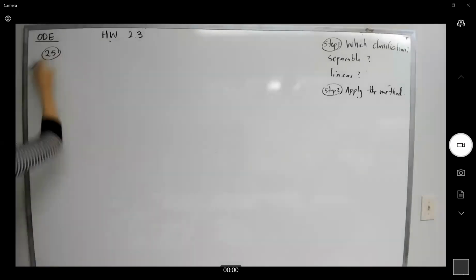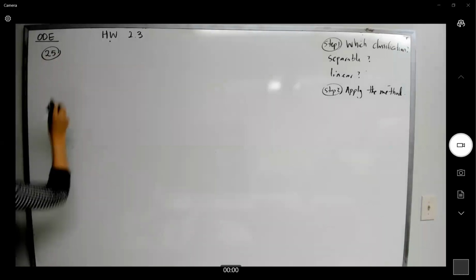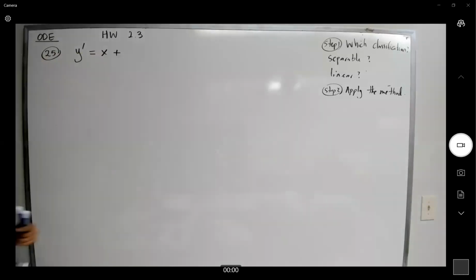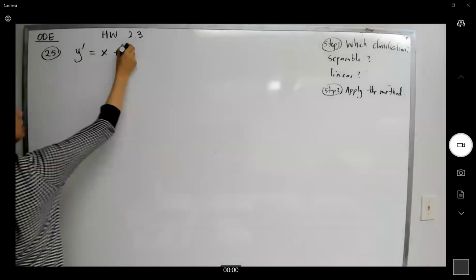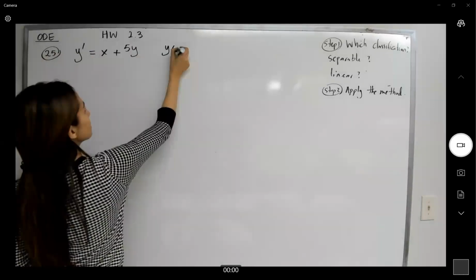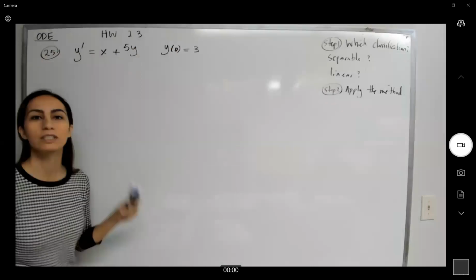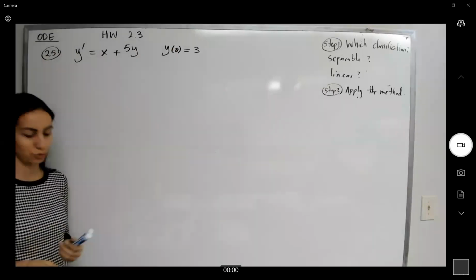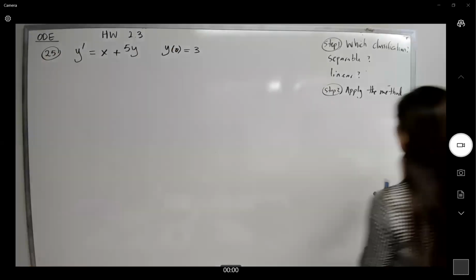It says solve the initial value problem, which is y prime equals x plus 5y, and y at 0 is equal to 3. Well, is it separable? Hey guys, there's addition between x and 5y. We cannot separate these two terms, so obviously it's not separable.